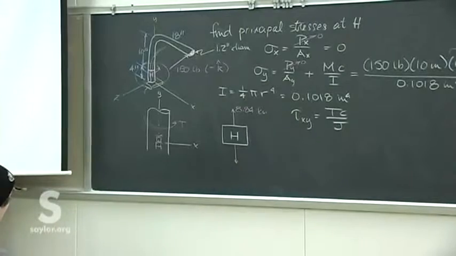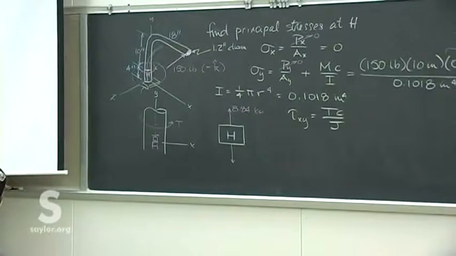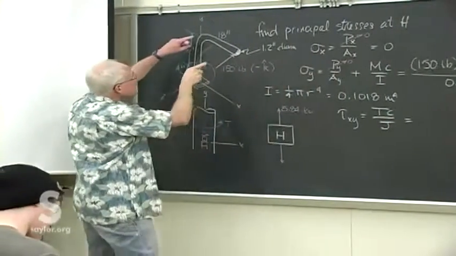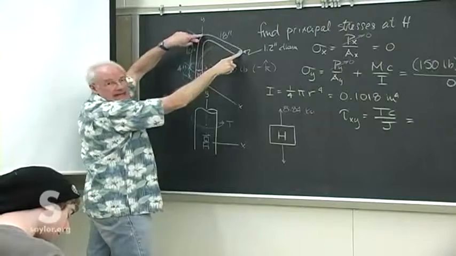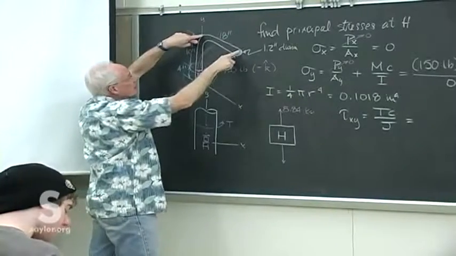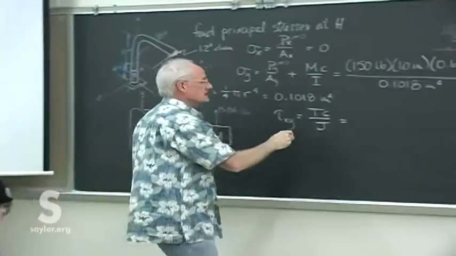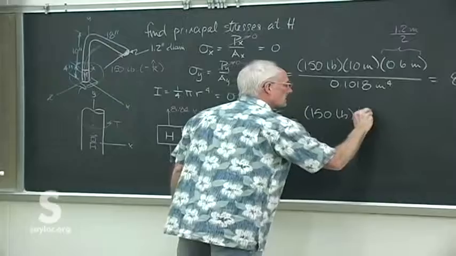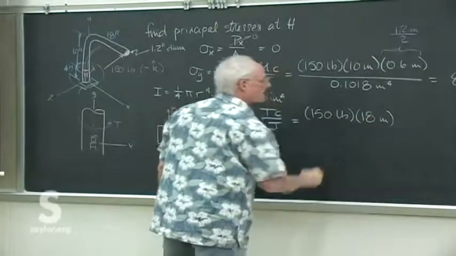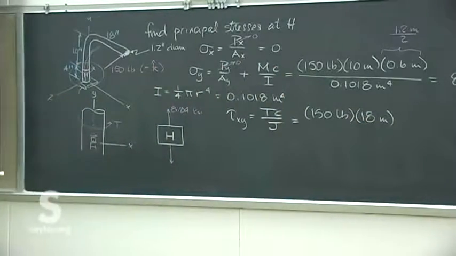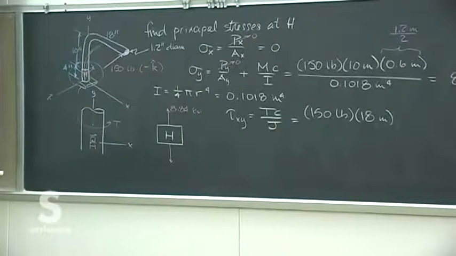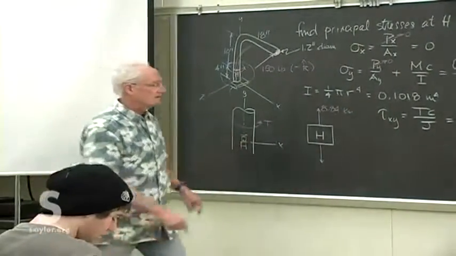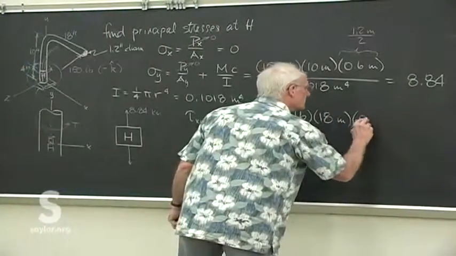But we know how to figure that shear stress due to some torsional load. The torsion is the 150 at 18 inches. So the force is 150, the moment arm is 18. So we know what that load is. C is the same thing because our element H is out at the very edge of the material.